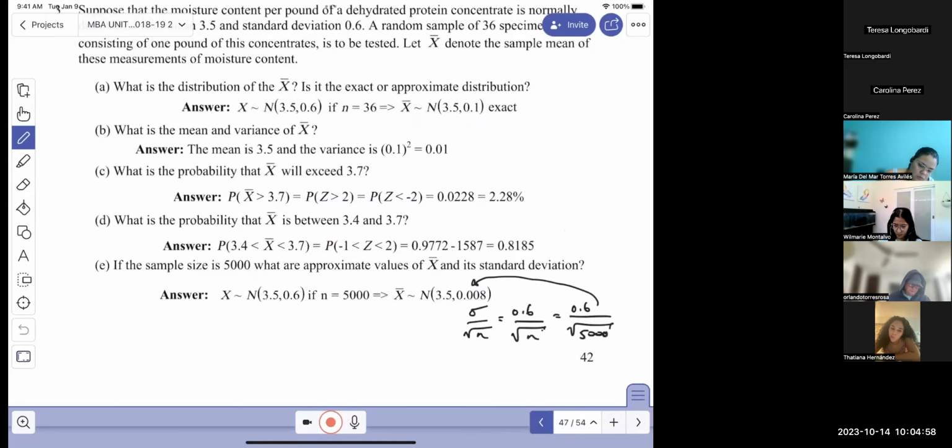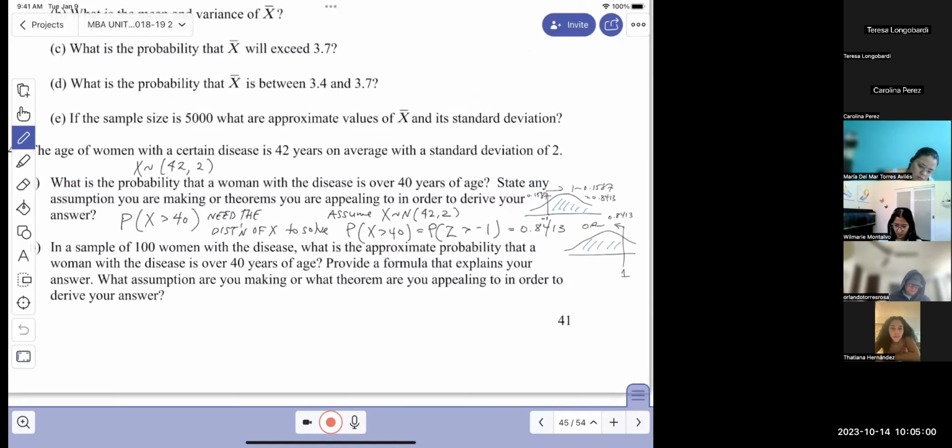So I just wrote things out in words. I said X is the age of a woman with a certain disease, right?